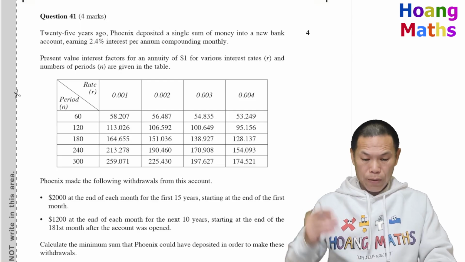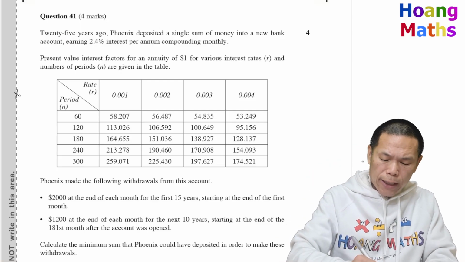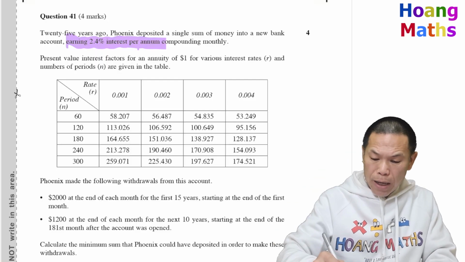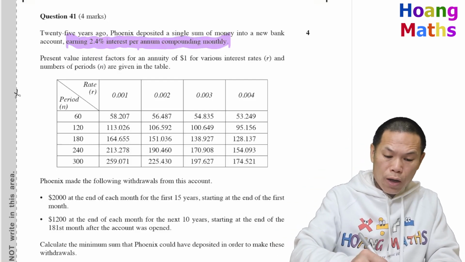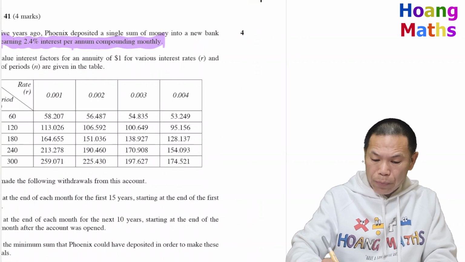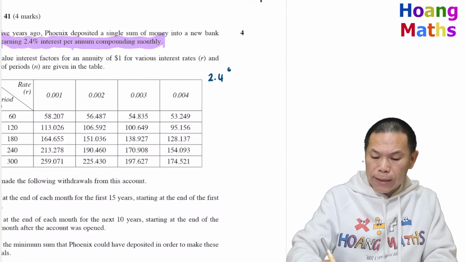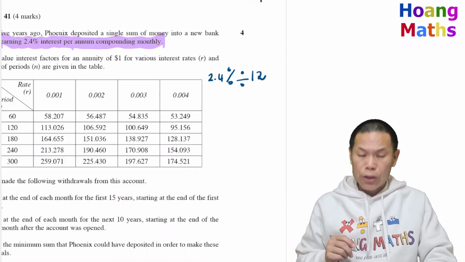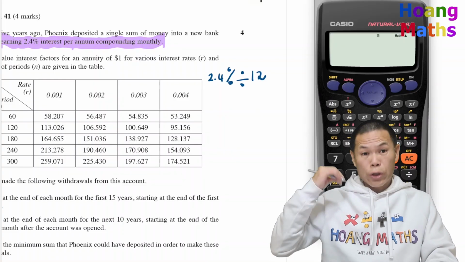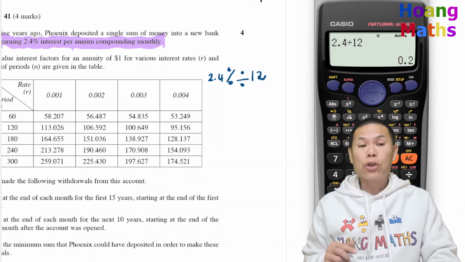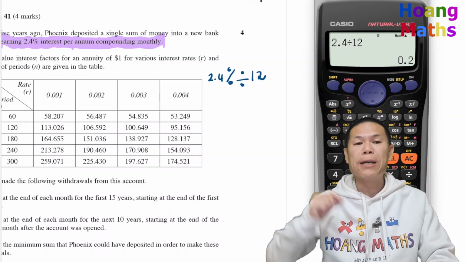Question 41. First of all, we know that the interest rate is 2.4% per annum and it is compounded monthly. So we need to convert that to per month first. 2.4% per annum, but compounded monthly, we divide by 12 because there are 12 months in a year. So 2.4 divided by 12 is 0.2%.